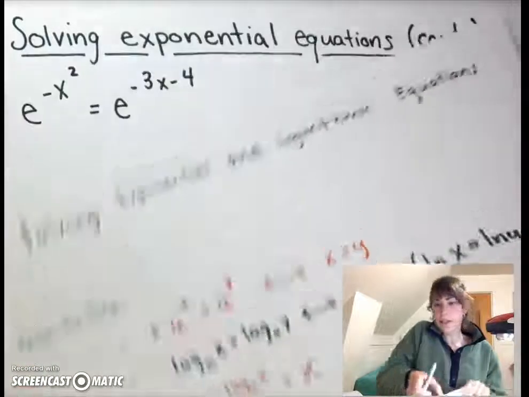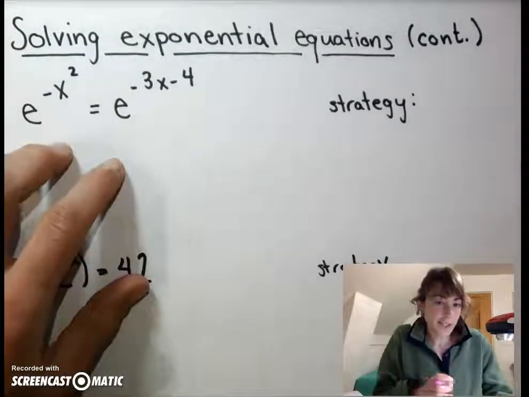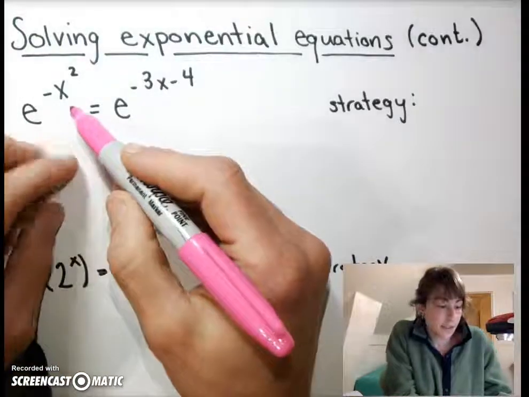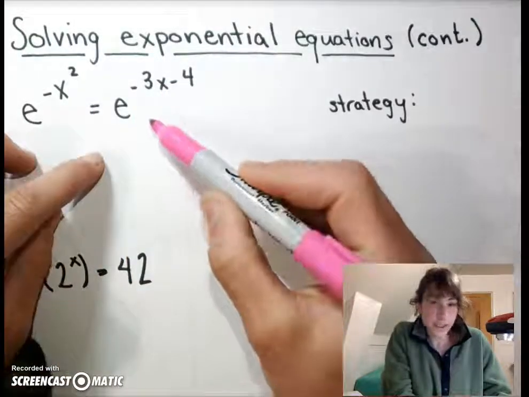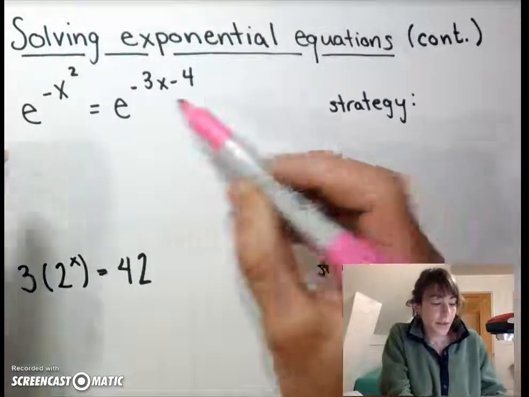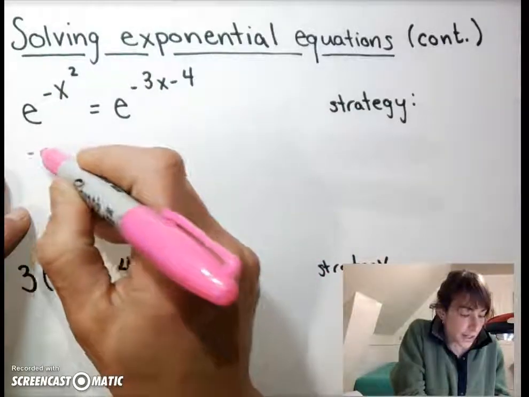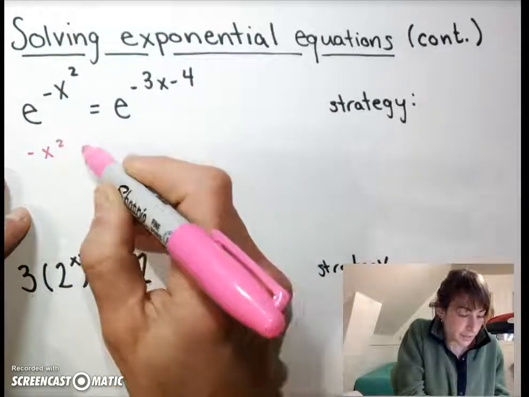Okay, so let's get started. Here is our first example. I have e to the minus x squared equals e to the minus 3x minus 4. You might notice I have the same base and different exponents, so I can just set those exponents equal to each other.